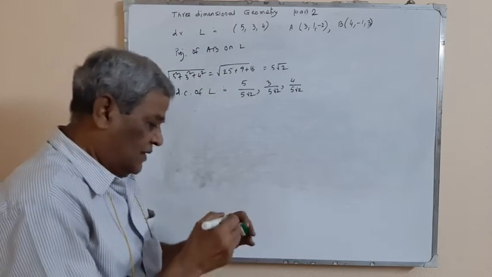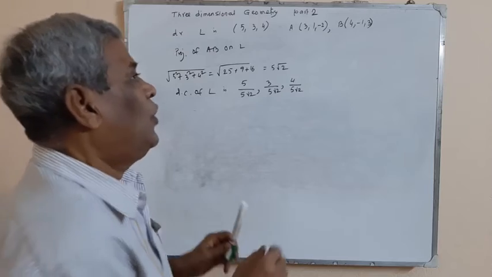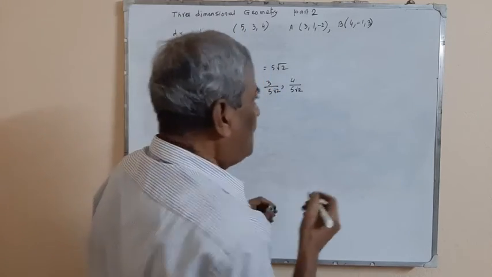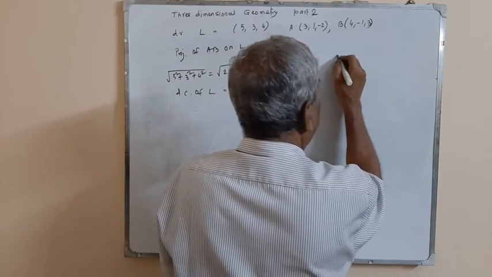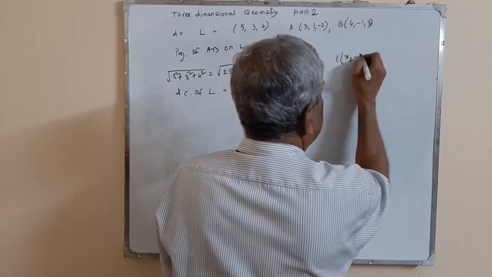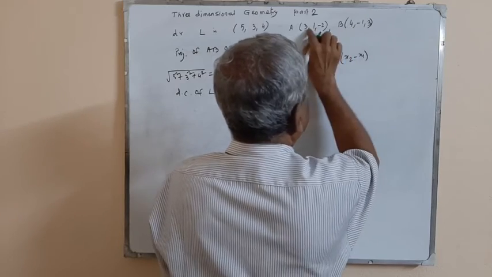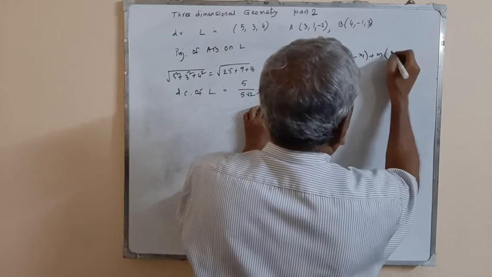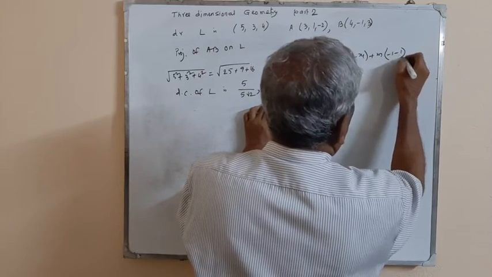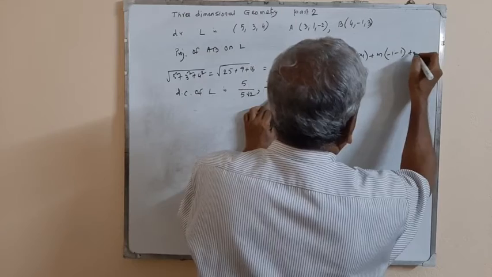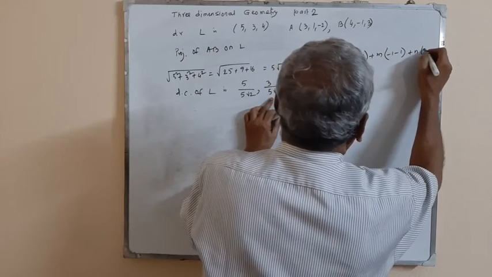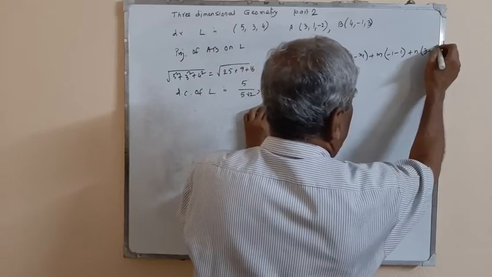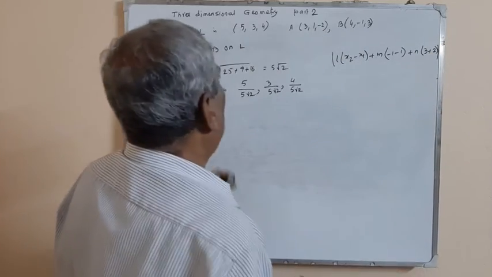To find the projection of a line segment on that line, the formula is L into x2 minus x1 plus m into y2 minus y1 plus n into z2 minus z1, of course with the modulus sign.